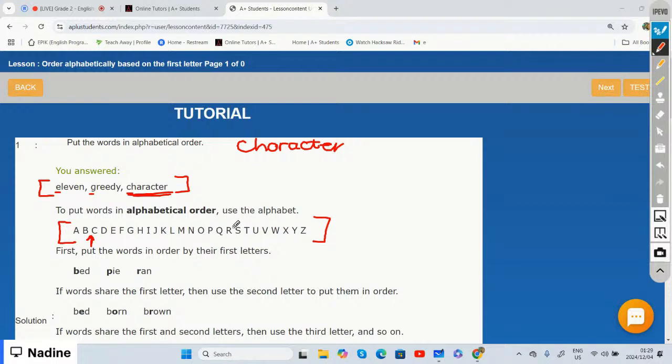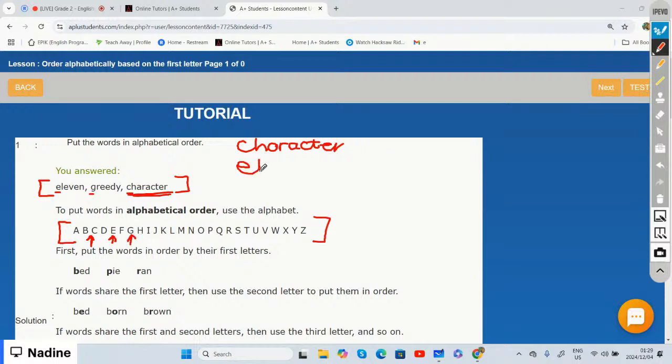If we look at the second word, between eleven and greedy, we're going to say eleven comes before G for greedy.